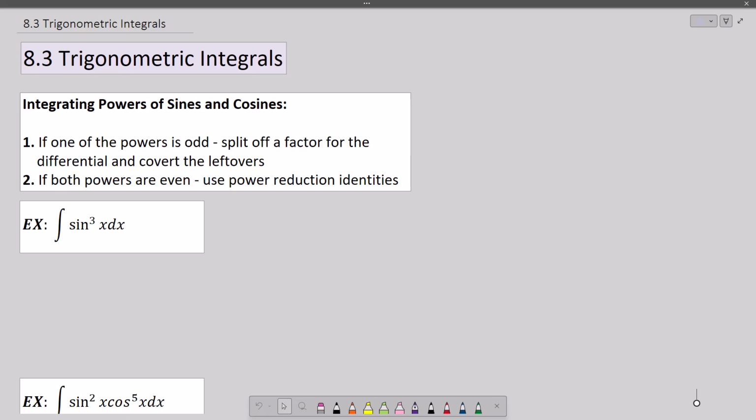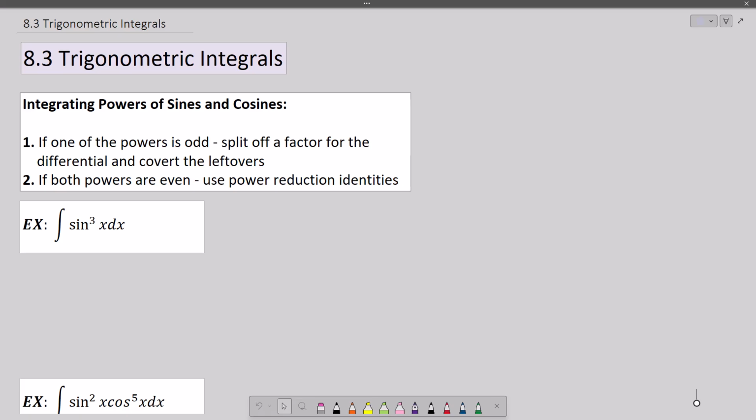By odd we mean in the numerator, like if you have 1 over sine cubed, we're not considering that an odd power because that's really cosecant cubed. So powers of sine and cosine in the numerator. If one of the powers is odd, split off a factor for the differential and convert the leftovers.